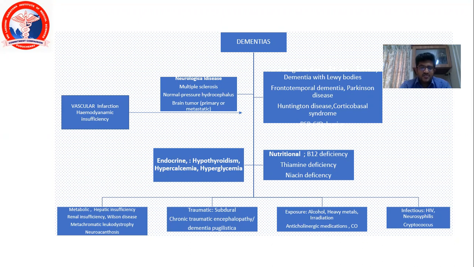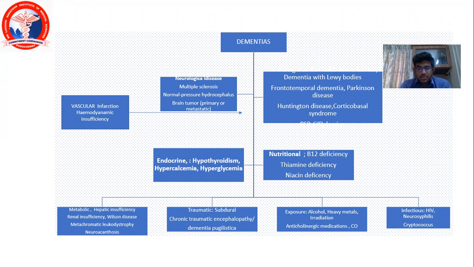Nutritional deficiencies, especially vitamin B12, thiamine and niacin deficiencies, can lead to dementia. Also metabolic causes like hepatic insufficiency, renal insufficiency, Wilson's disease, metachromatic leukodystrophy, neuroacanthocytosis can cause it. And traumatic causes: chronic subdural, chronic traumatic encephalopathy or dementia pugilistica.